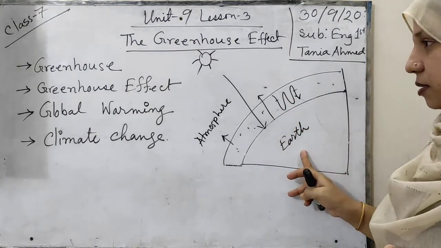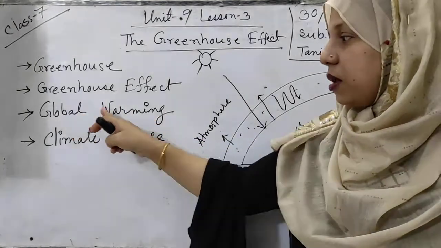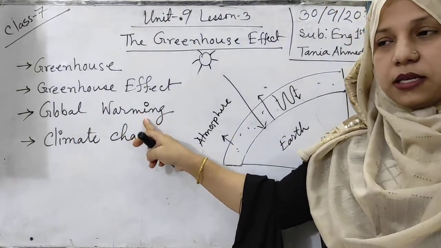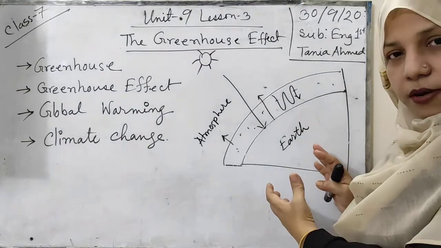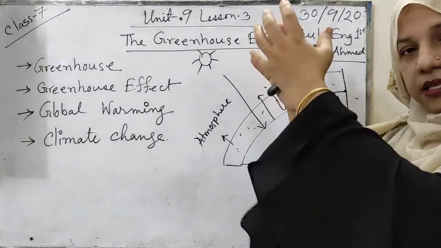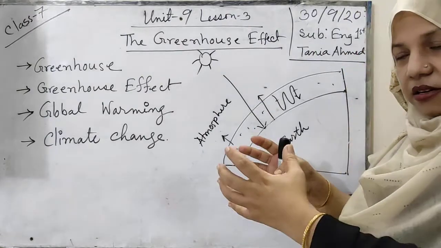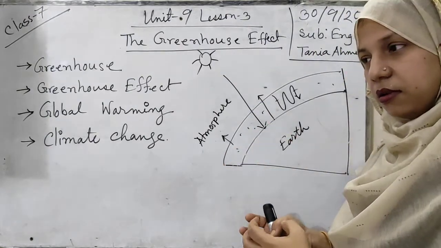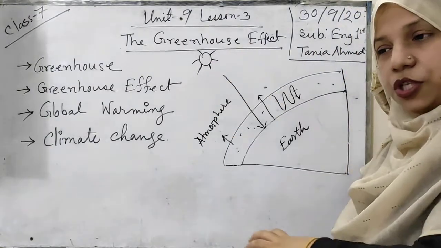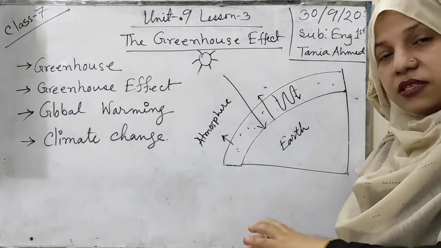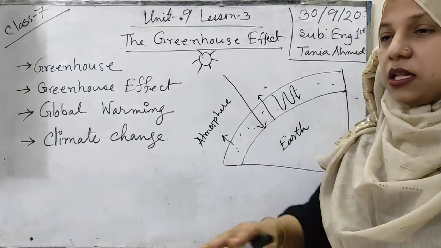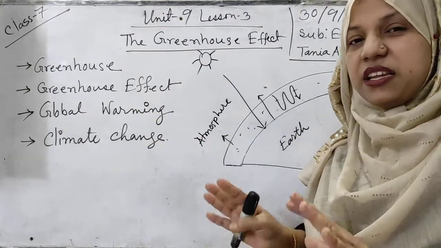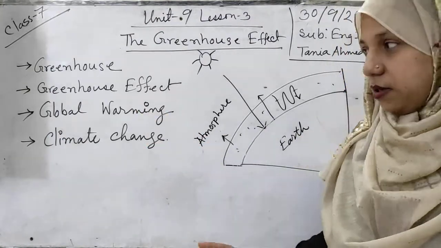As a result, what happens? Global warming takes place. That means our globe, our earth is getting hotter. And what happens? Ice caps are melting, glaciers are melting, and then it flows up to the sea, gets mixed with the seawater, and the sea level rises, and the coastal area is inundated or goes underwater.